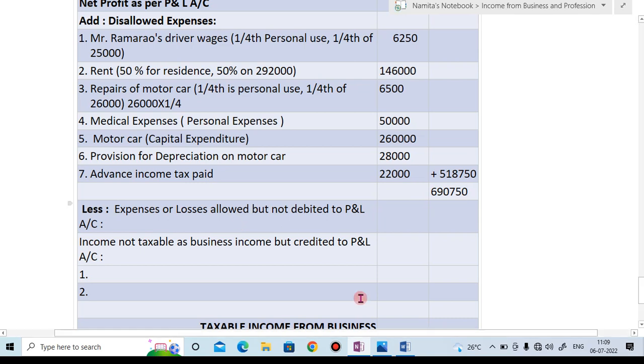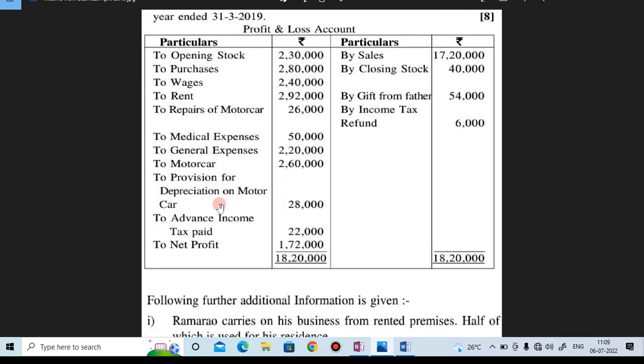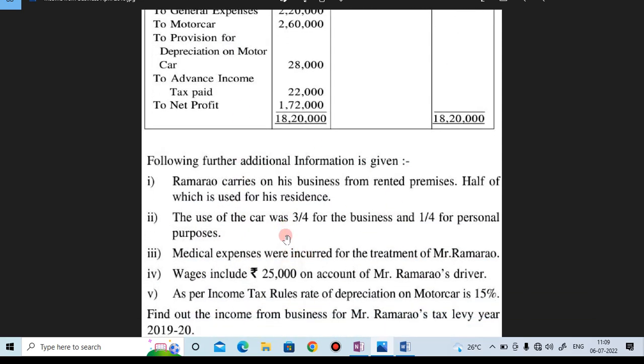It will be given in the adjustment. If the expenses and losses are allowed to the business, not shown in the debit side of the profit and loss account, and given in the adjustment, then we have to deduct those expenses or losses. Clear?